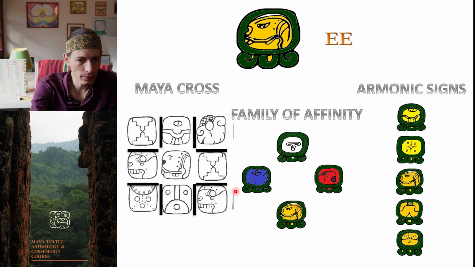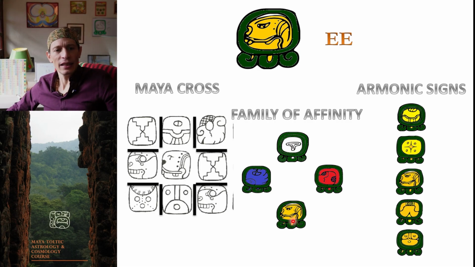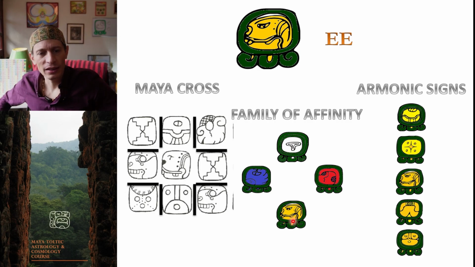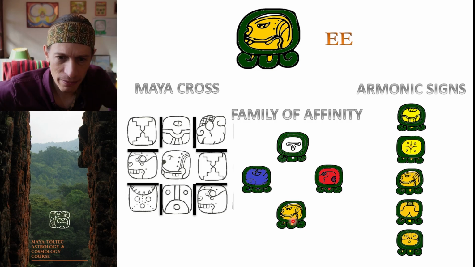This one down here, of all these four signs. But then you can also have crooked people in any sign. So that's the family, harmonic signs, all of the same element.